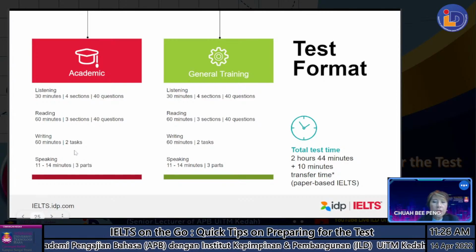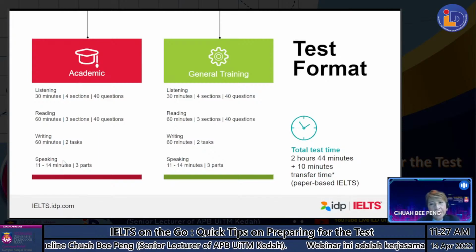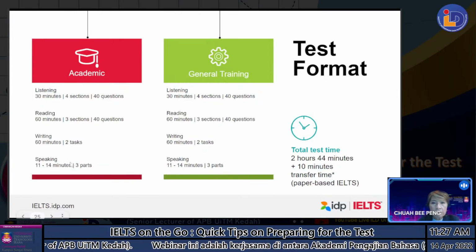The audio recording and the video recording may be randomly picked for auditing and monitoring purposes. So the examiners have to make sure that the speaking test ends before 14 minutes. If it is face-to-face, even the virtual speaking test is the same.